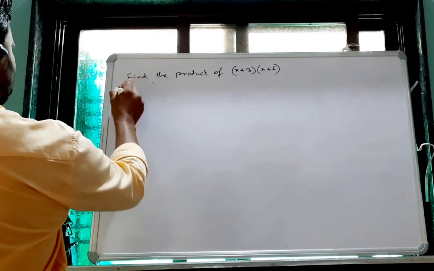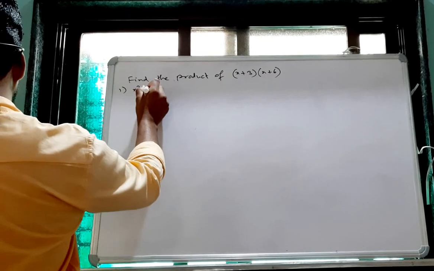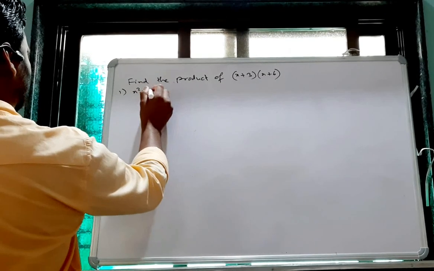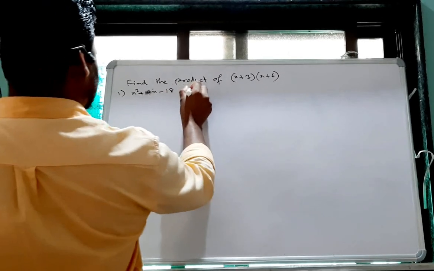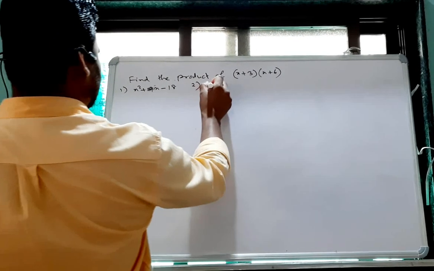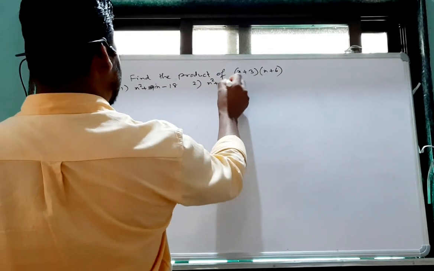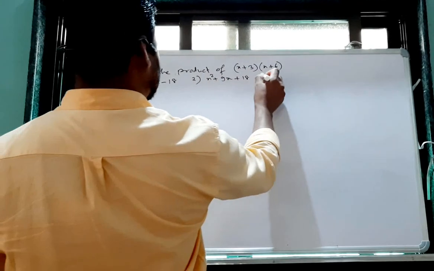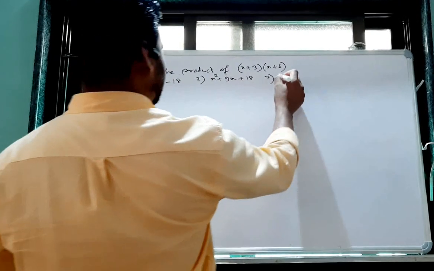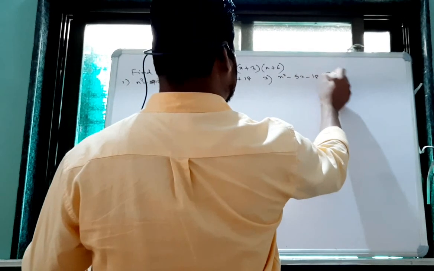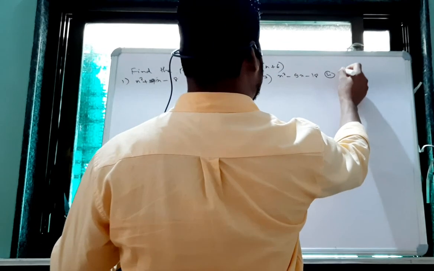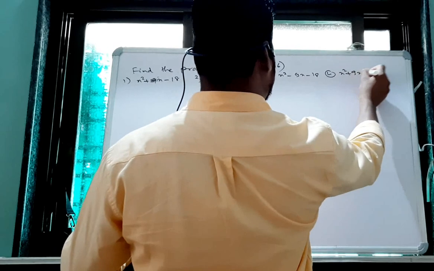The first option is x square plus 9x minus 18. Second option, x square plus 9x plus 18. Third option, x square minus 9x minus 18. Fourth option, x square plus 9x minus 18.